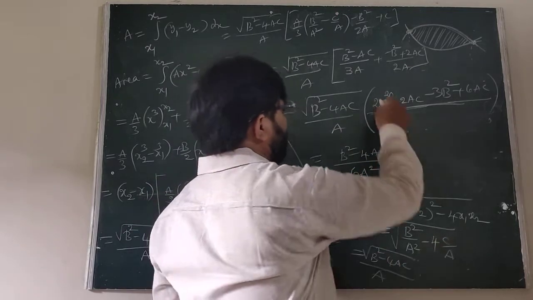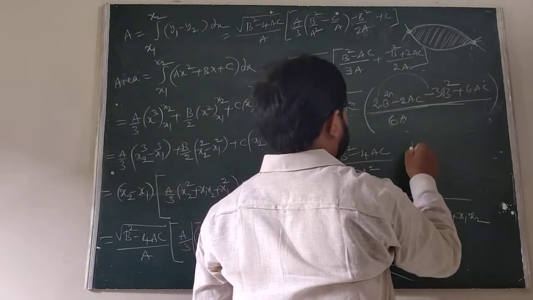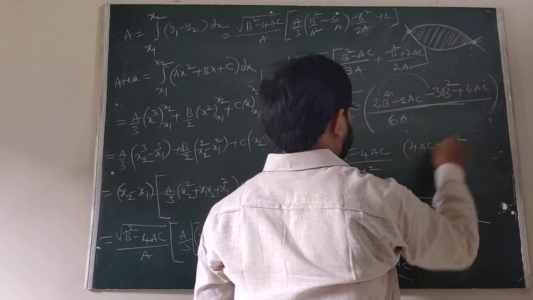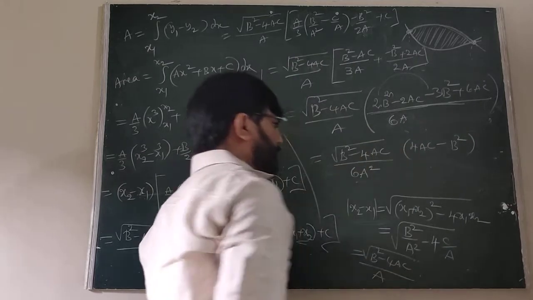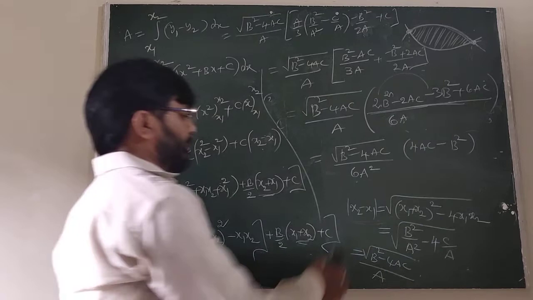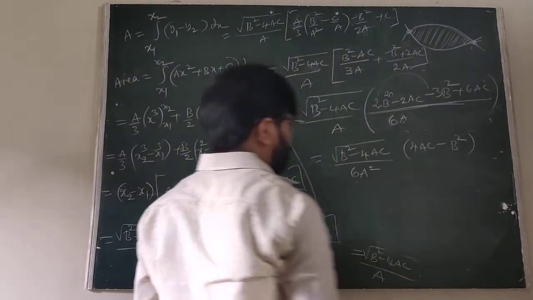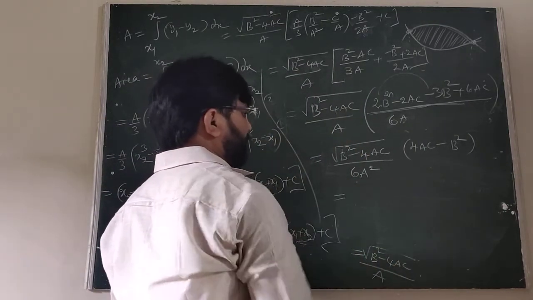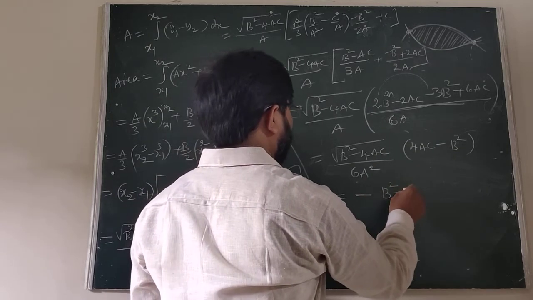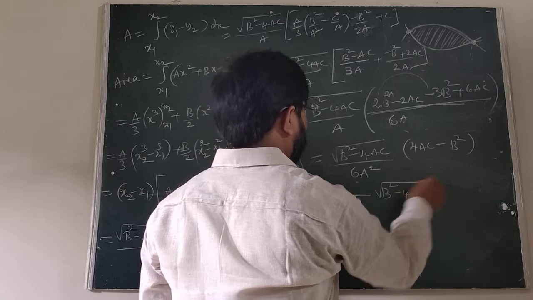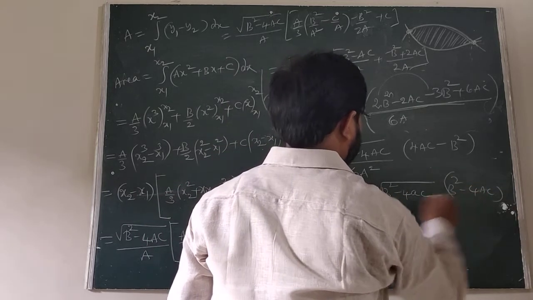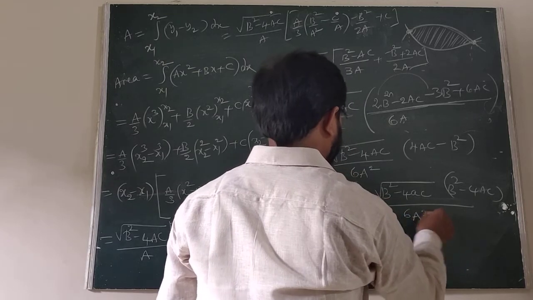After that this is minus of b square, this is the 4ac minus b square. Therefore undoubtedly we are taking the minus as common. Minus of b square minus 4ac under root, this is the b square minus 4ac by 6a square.